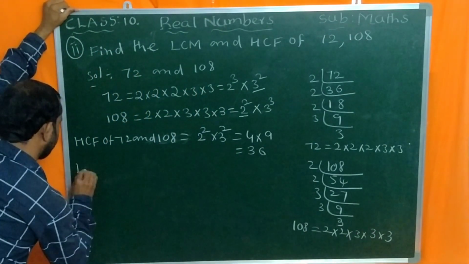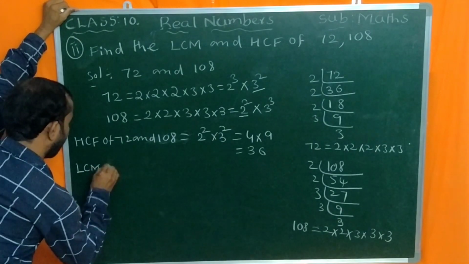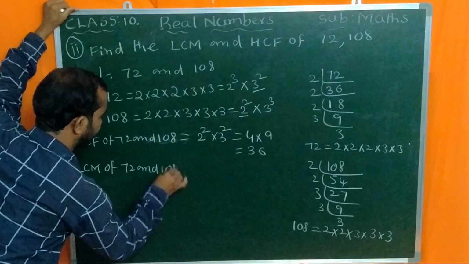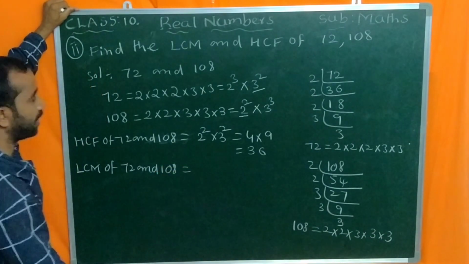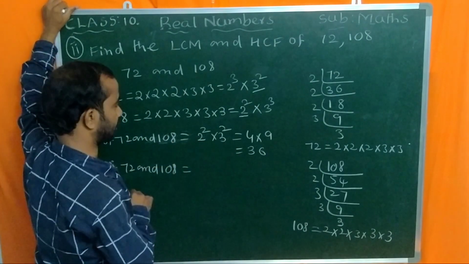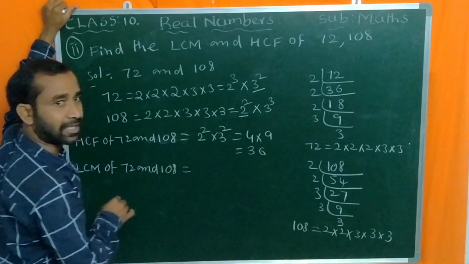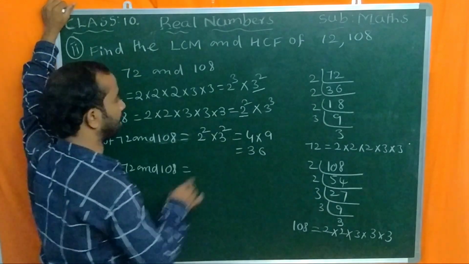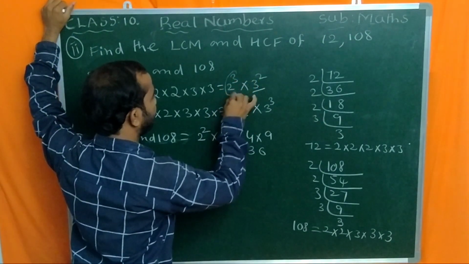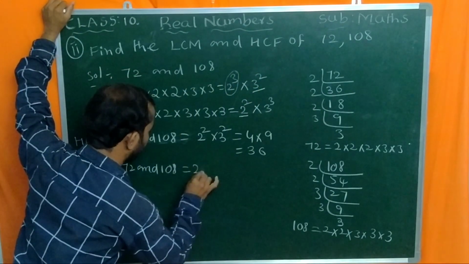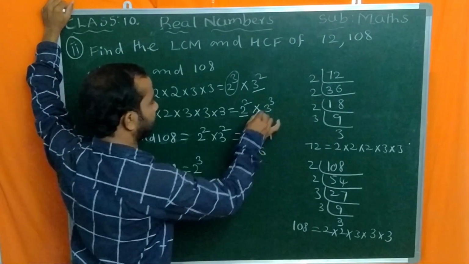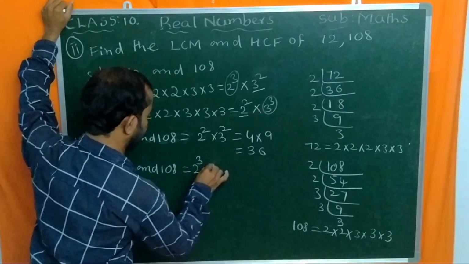Next, LCM of 72 and 108 is the greatest power of the prime factors. Here two factors are there. The highest power of the first factor 2 is 2 power 3, and the highest power of 3 is 3 power 3.